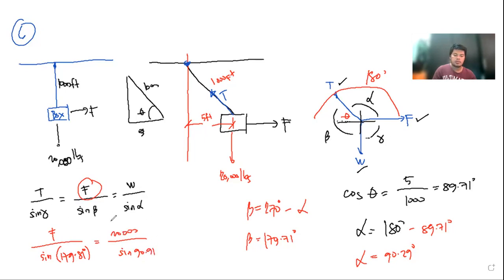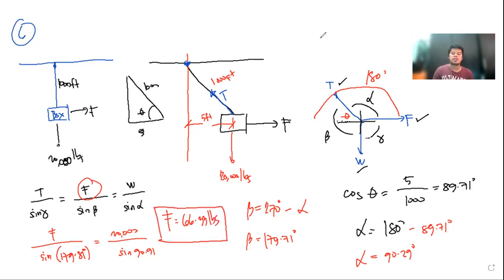Okay, so this is the field represented by Lami. So we can calculate F as 20,000 times sine of 179.81 divided by sine of 90.91. And you will have there a force of 66.33 pounds.